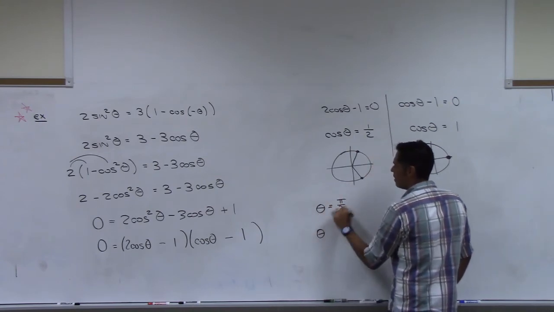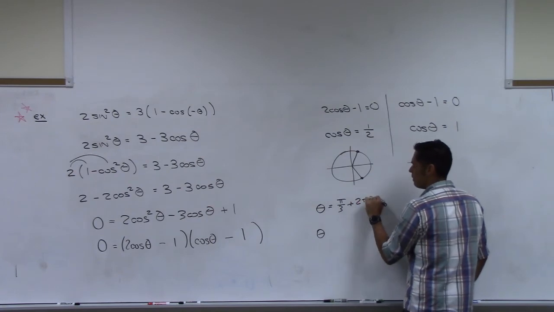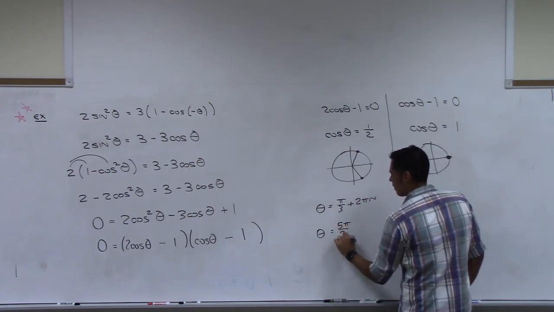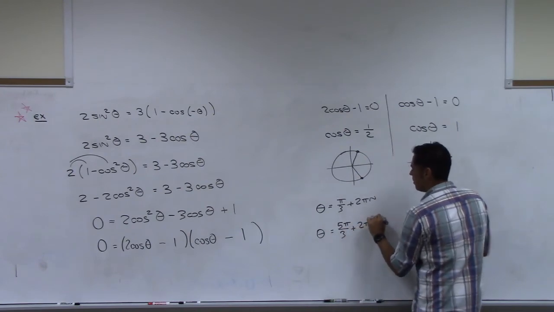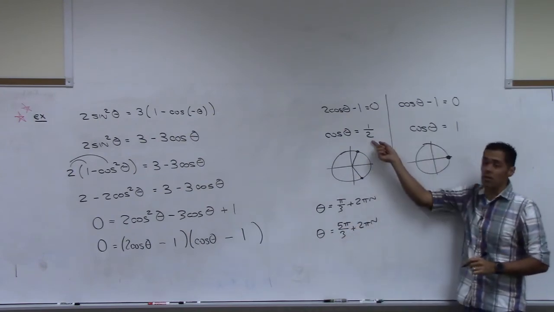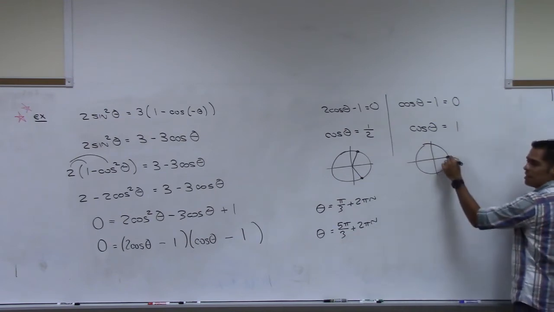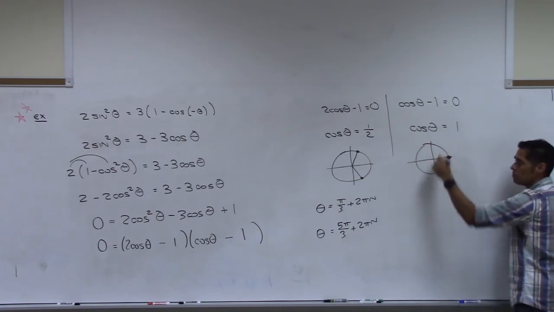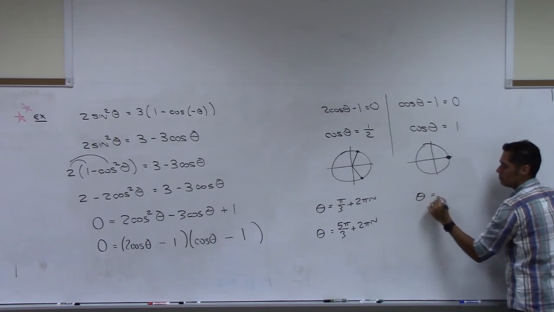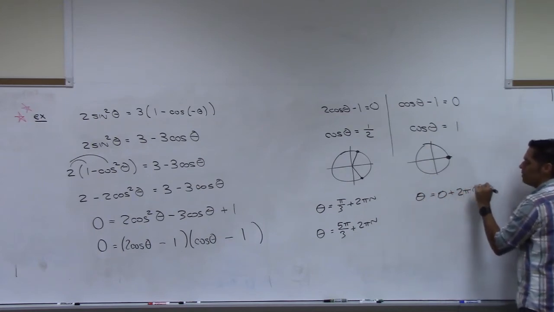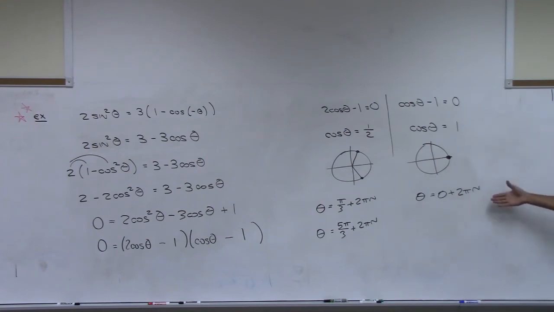Pi over 3 plus 2 pi n, 5 pi over 3 plus 2 pi n. Again, this is a problem we did earlier. And then this one, well, it's just this and then come all the way back around. So start at 0, add a full revolution, 2 pi n. So you could just say 2 pi n.